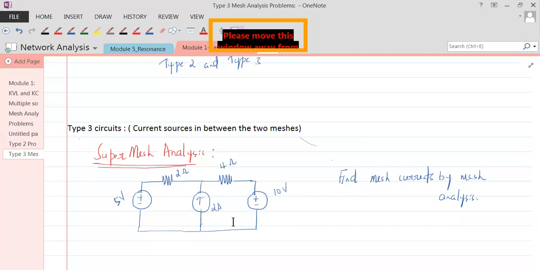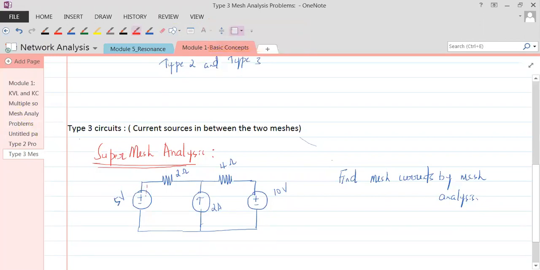Is that understood? So how does a super mesh look? See here, everybody. You have to combine the two meshes having the current source in between. We are combining like this.